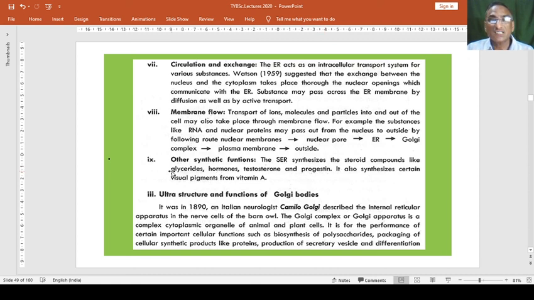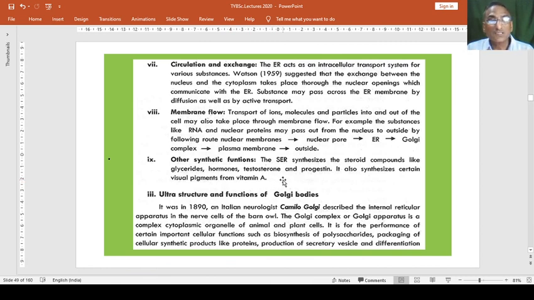Many types of hormones are either protein or fat material, and these are synthesized by the smooth endoplasmic reticulum. In addition, it also synthesizes certain visual pigments from vitamin A. So this one is the peculiar and rare function.